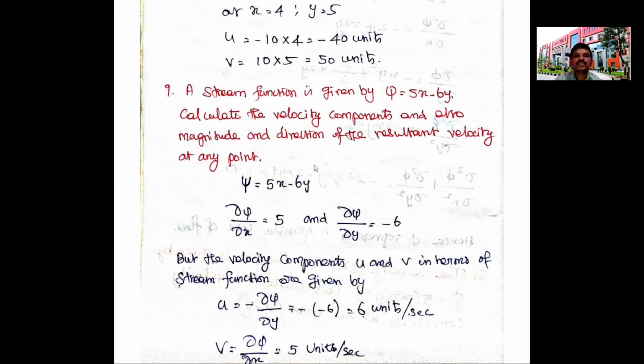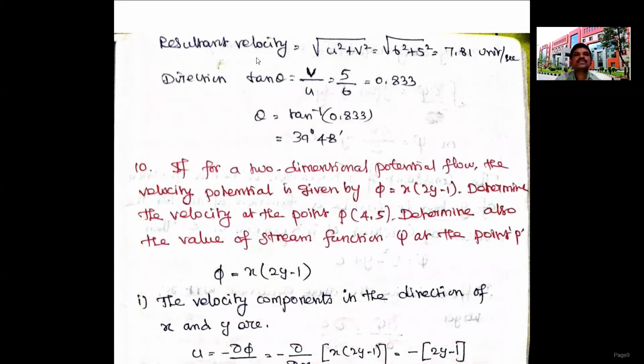Next we have to calculate the magnitude and direction. Resultant velocity is nothing but the magnitude. The formula is root of u square plus v square. We already calculated u, it is 6, and v is 5.